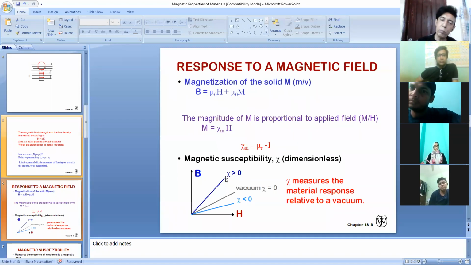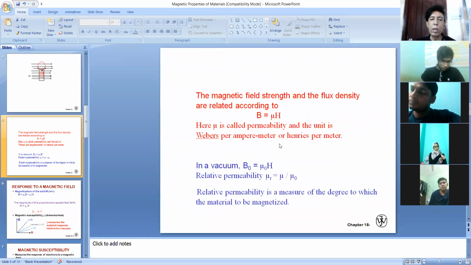So the mu r value tells us what the chi value will be. What is mu r? Mu r is mu by mu naught. Mu naught is the permeability in vacuum, and mu is the permeability of that material.